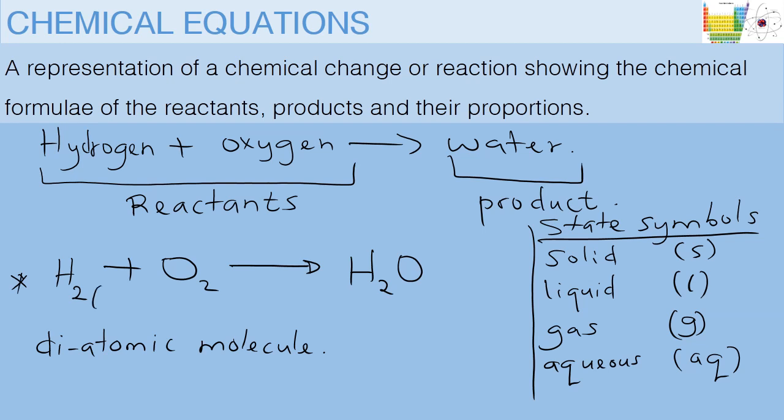Hydrogen is a gas, therefore we write g as a subscript just below and after the formula. Oxygen is also a gas, we write letter g. Water is a liquid and therefore we write small l.